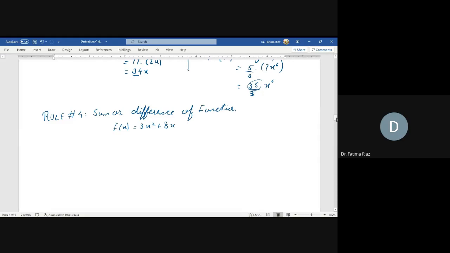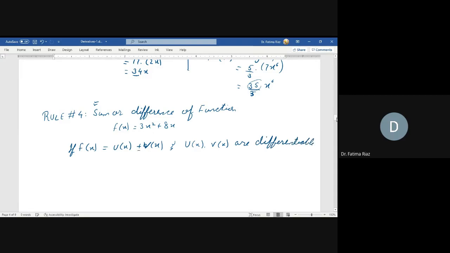This is this rule that if your function f of x is equals to u of x plus v of x, and u of x and v of x are differentiable, means derivative is possible.